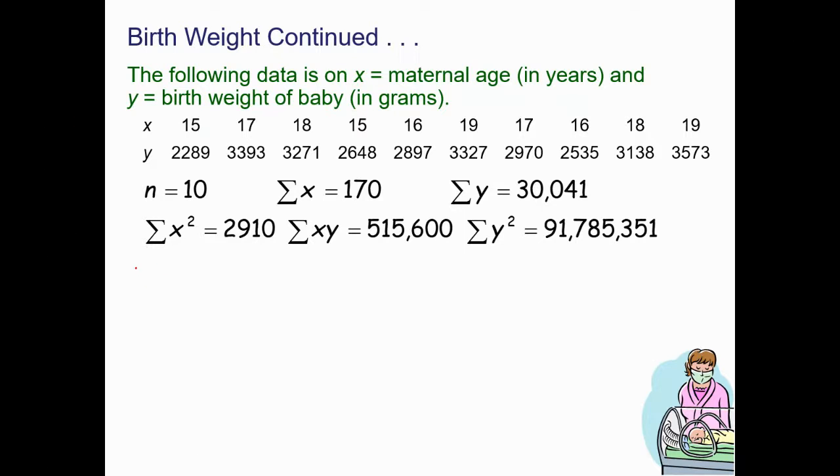So first, they ask us to do S of XY. And let me add what we added. We added x bar, and we said that was 17. y bar, we said it was 3004.1.